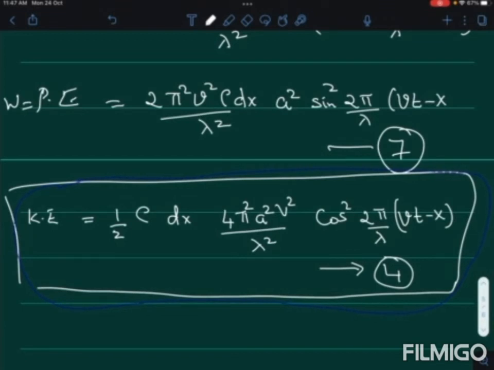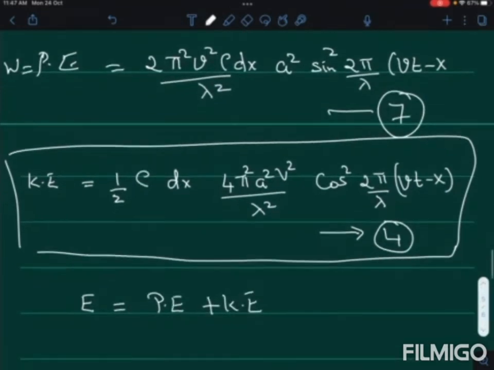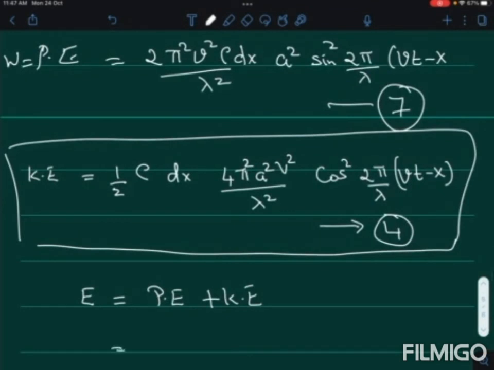As told earlier, we have to add the two together, because total energy is kinetic energy plus potential energy. Here I can just cancel this 2 off. It is 2 pi square a square.